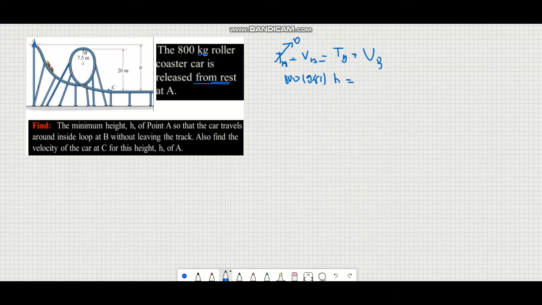At TB, at this point also, what do we want? We want the velocity of B, right?